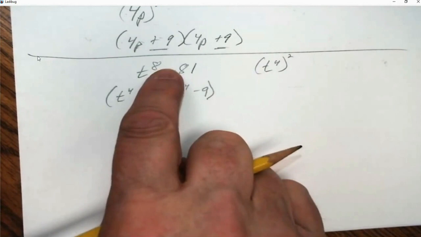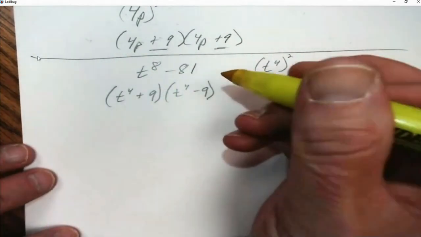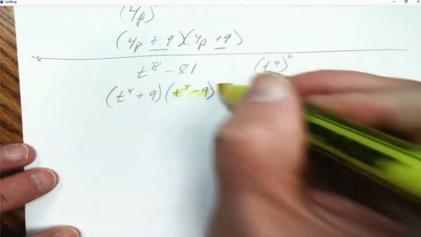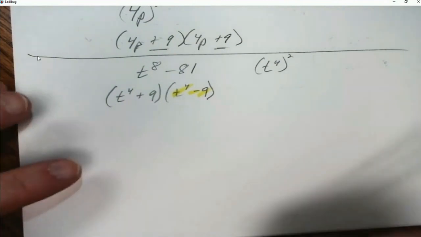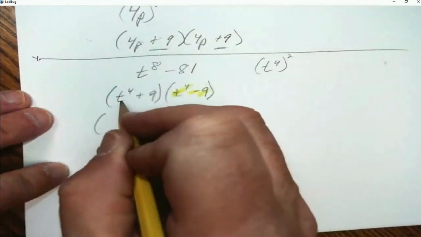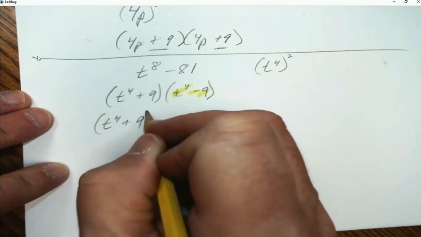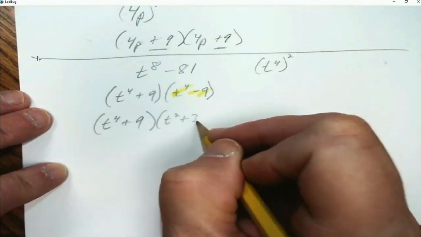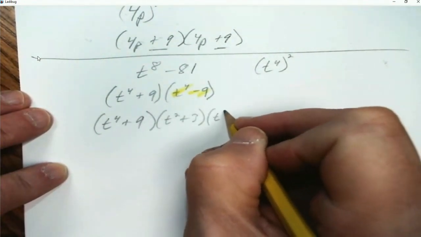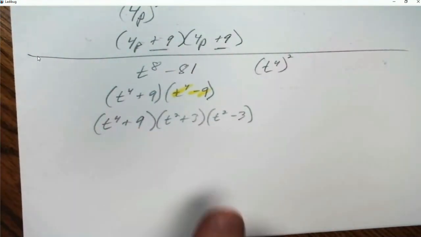Well, those are the factors, but if we're paying attention, what's this? That's the difference of squares. Oh, by golly, that is a difference of squares. So this one's fully factored because that's the sum of squares. But now this is t squared plus 3 and t squared minus 3 because that's the difference of squares.